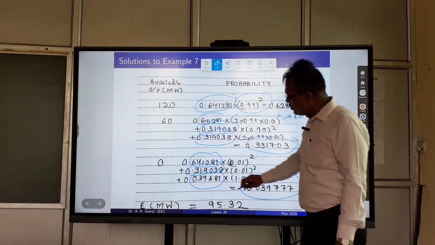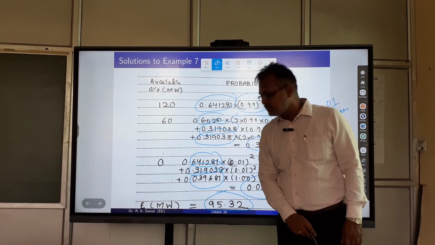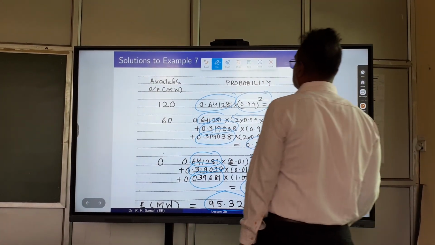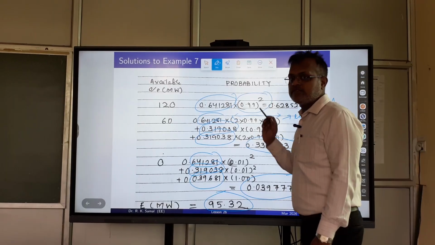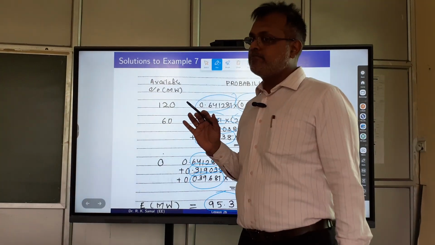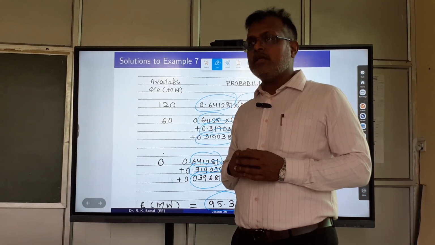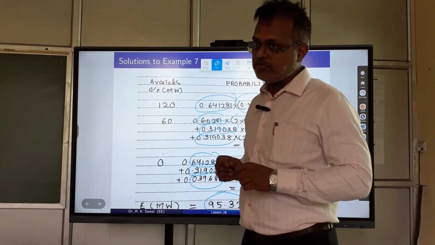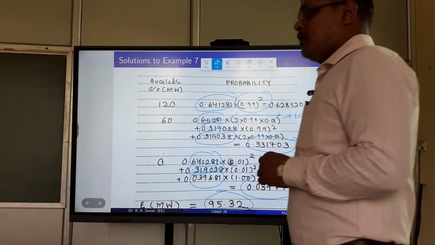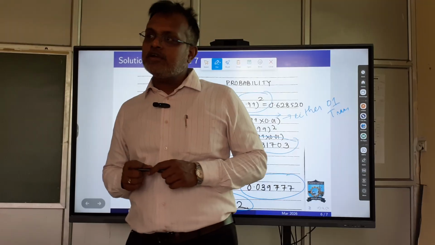If you do that, you will get 95 megawatts. So this completes generator and transformer availability for the unit and rate systems. Next class you will see auxiliaries, availability of auxiliaries.